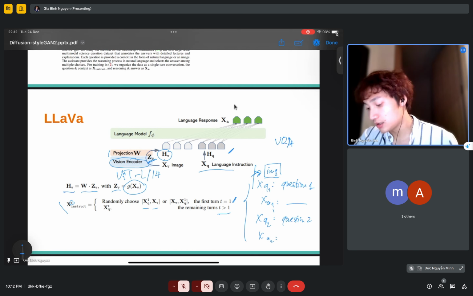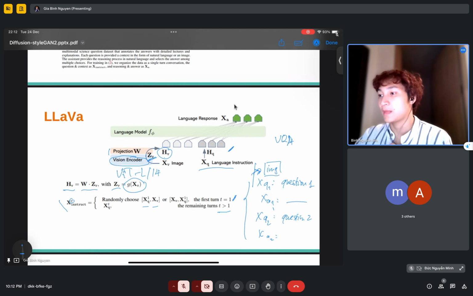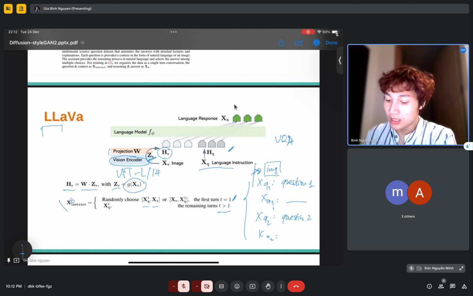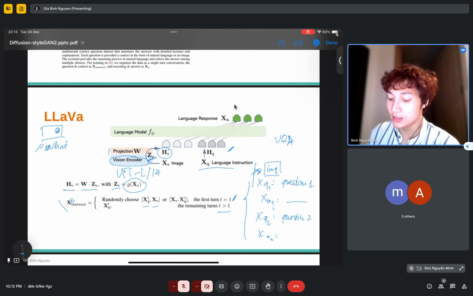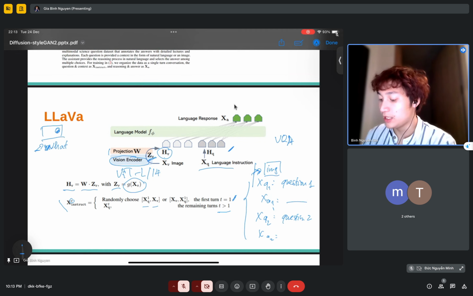But in terms of image instruction following, for example when we have an image and want to ask something about it, not just captioning, something like what is the color of the ball in the image, or what will happen next, or what is happening in the image, we do not have many datasets like that.